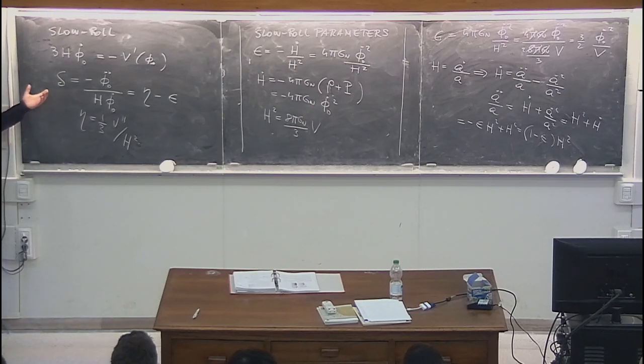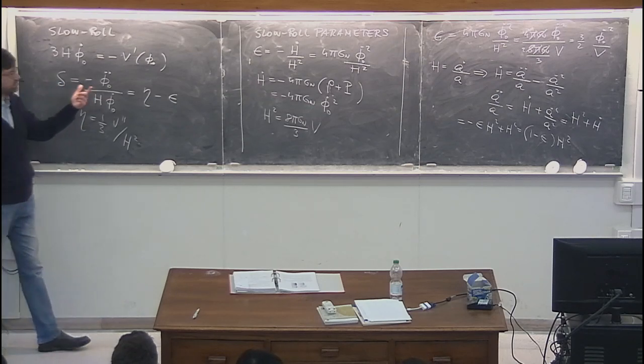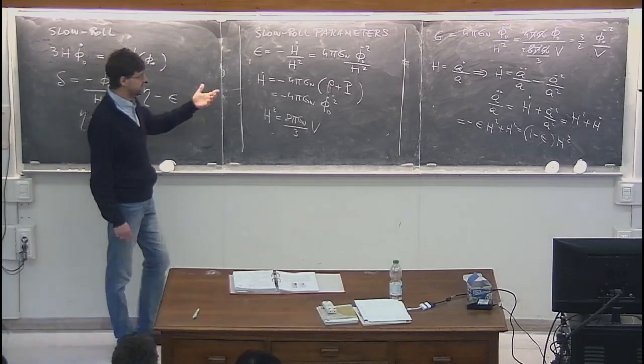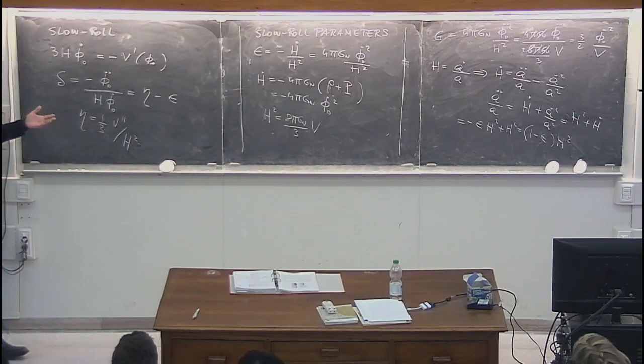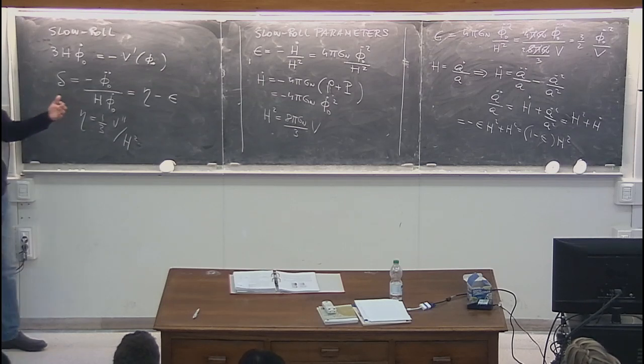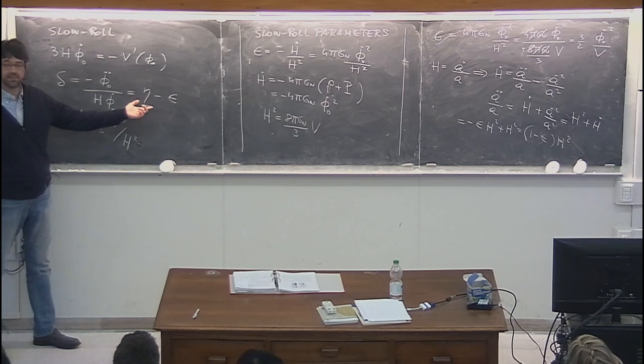Now, why am I insisting on these slow roll parameters? I'm insisting because we will see, starting from tomorrow, that the predictions for the cosmological perturbations that come out of inflation are expressed in terms of these slow roll parameters.